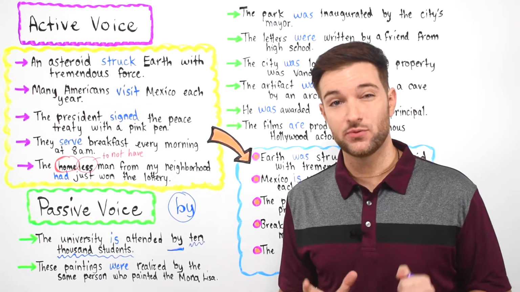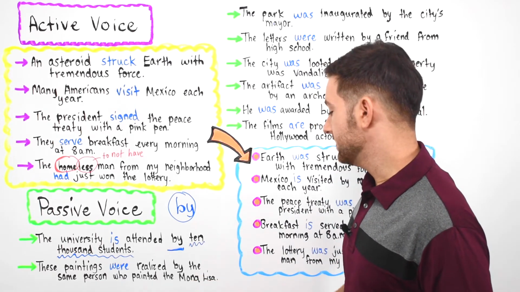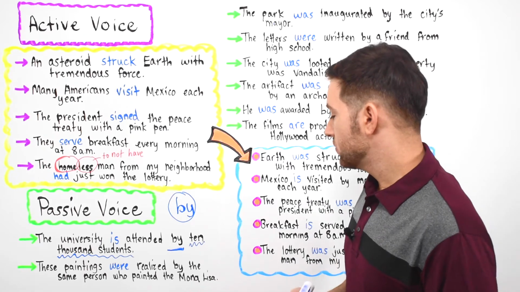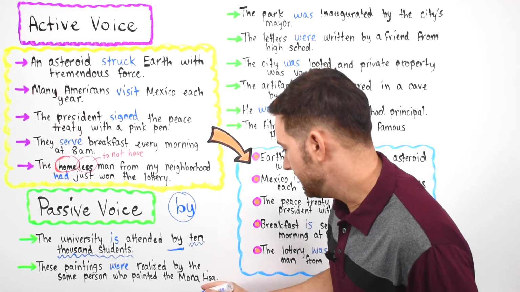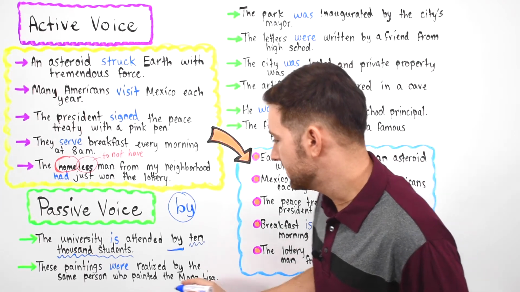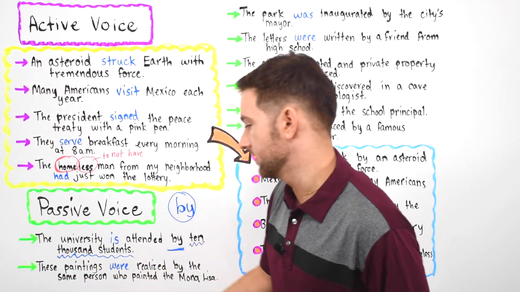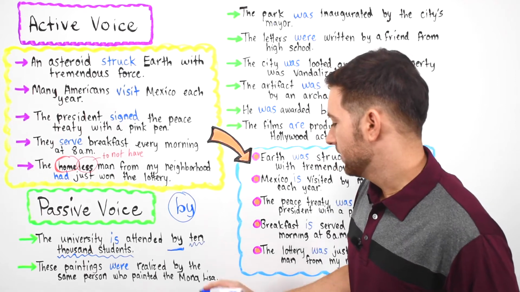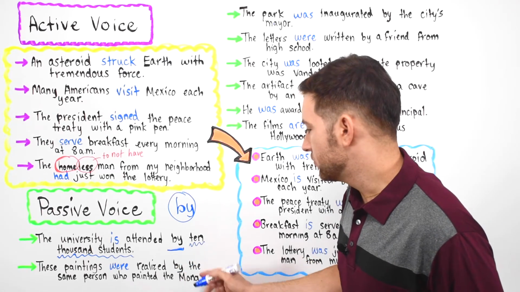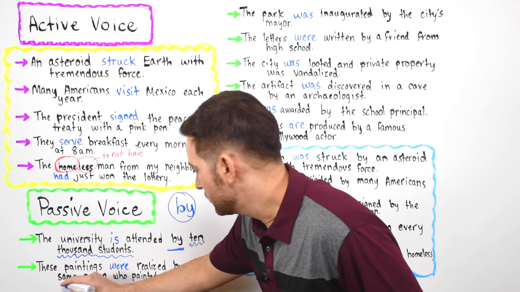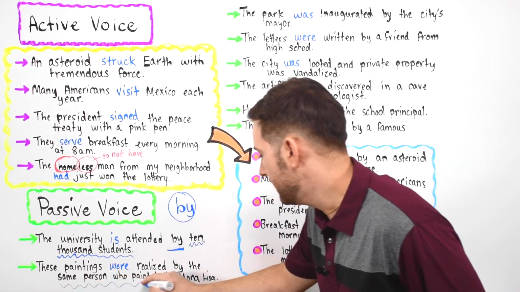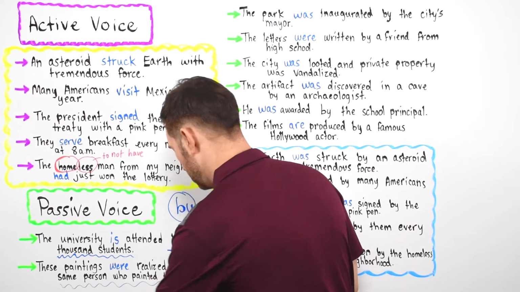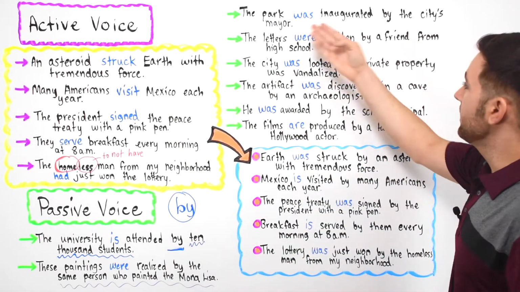I'm not sure exactly which one, but the Mona Lisa is famous worldwide, and the person who painted the Mona Lisa was also the same person who painted these paintings, whatever these paintings are. So here we have also by, which introduces the agent, and the agent is the same person who painted the Mona Lisa.